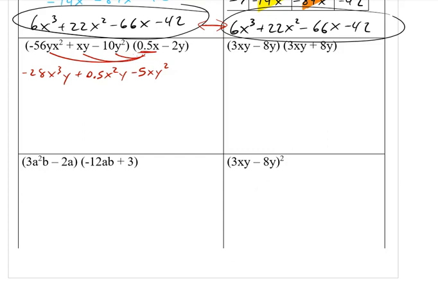Then take the second one, do the same thing, and I get a 112x squared y squared minus 2xy squared plus 20y cubed. Notice that these like terms don't line up well. This is x squared y squared, this is only x squared y. So they won't combine.